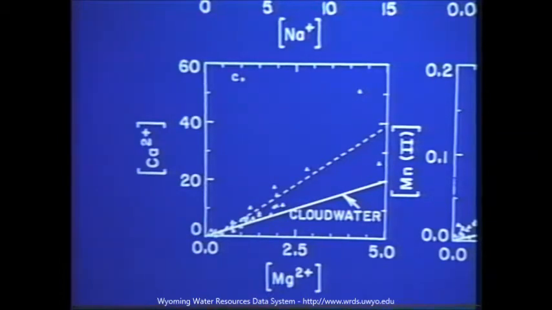Or it could suggest that the snow, as it falls, say as a pristine ice crystal, may collect aerosol that has a larger calcium to magnesium ratio than the cloud droplets acquire due to any scavenging process that they undergo in cloud.